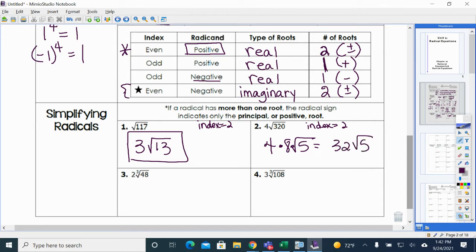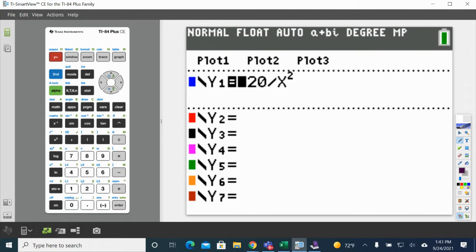Number 3 and number 4 are slightly different because what's the index on number 3? The index is 3 because that's that little number there. So the steps are going to be similar. There's a 2 out front, so I'm still going to multiply 2 times whatever the calculator gives me. But taking that 48, we're going to divide by x cubed instead of x squared.